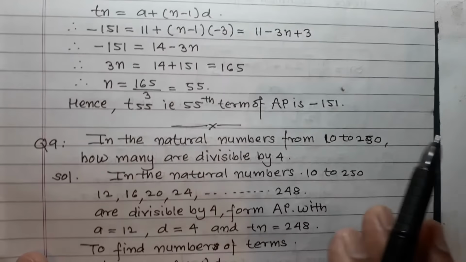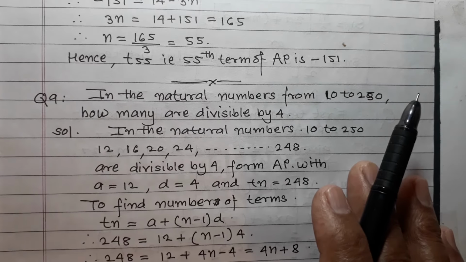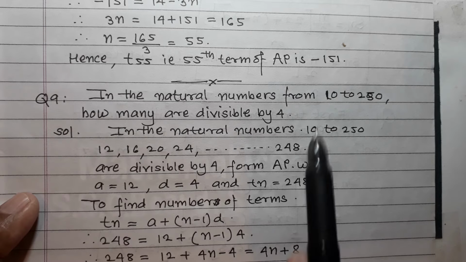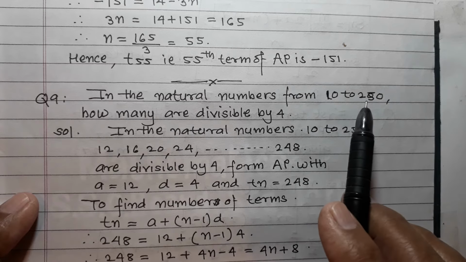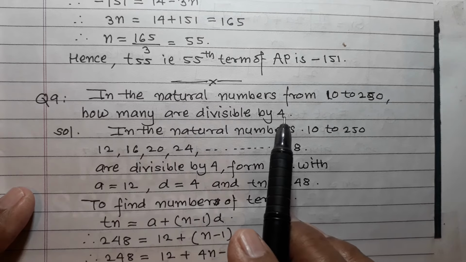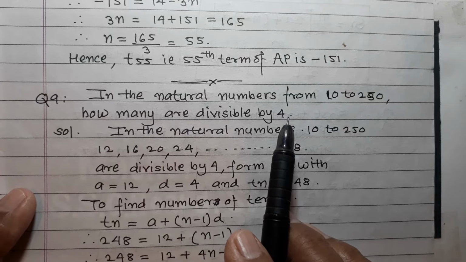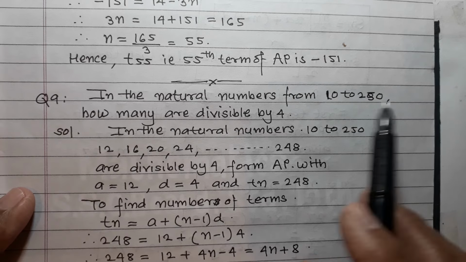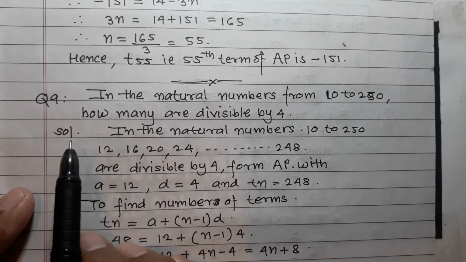Okay, question number 9. In the natural numbers from 10 to 250, how many are divisible by 4? Okay, now first you write down what this is. Solution.